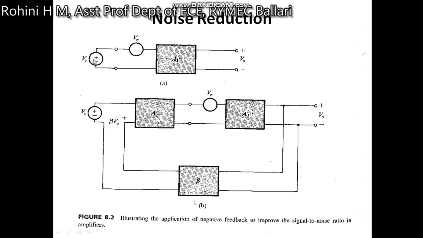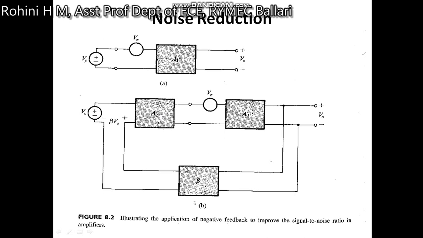This is the source we are applying, this is the input, and this is the gain A1. This is the output. Here the two blocks are there: the amplifier block gain is A1, and this amplifier gain is A2.